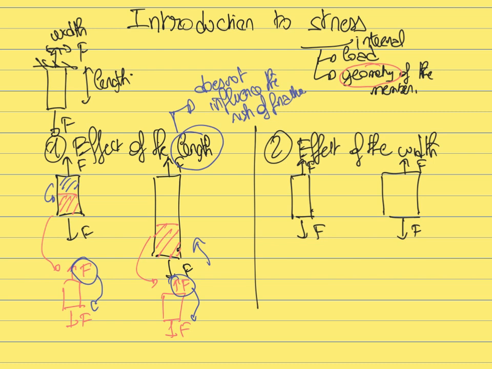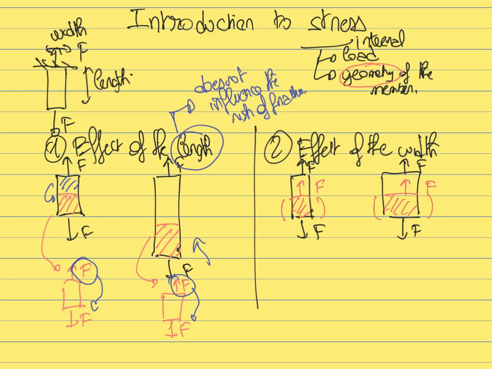So same thing, we are going to use the method of section, cut this beam into 2 parts. We isolate the bottom, and we say that the bottom has to be at equilibrium. So this bottom is also necessarily going to be subjected to a force F. The force applied by the top to the bottom has to be equal to F for the bottom part to be at equilibrium.